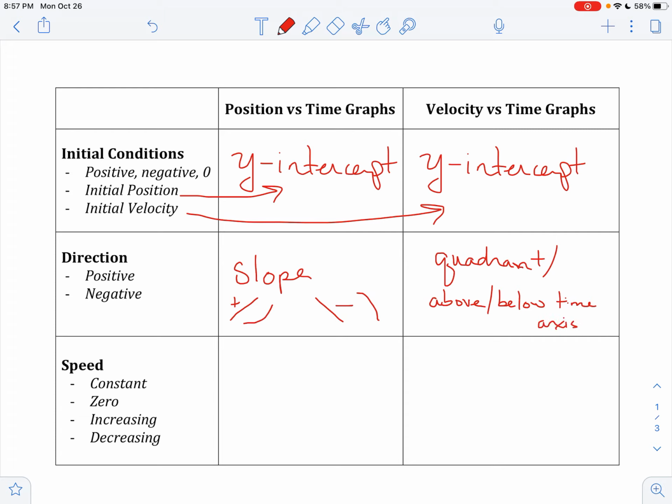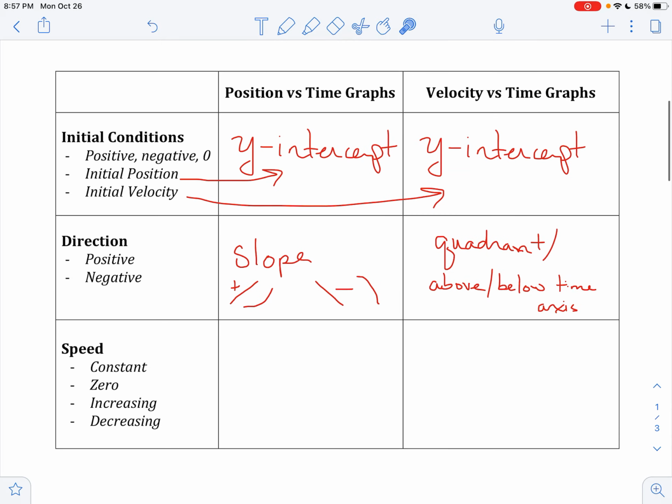So if the line is above the time axis on a velocity versus time graph, the object's moving in a positive direction. If it's below the time axis, or in the lower quadrant or the fourth quadrant, it has a negative direction. Be very, very careful that you don't switch those. That's a very common mistake, where people will talk about the slope of the velocity versus time graph being the direction that the object is moving.